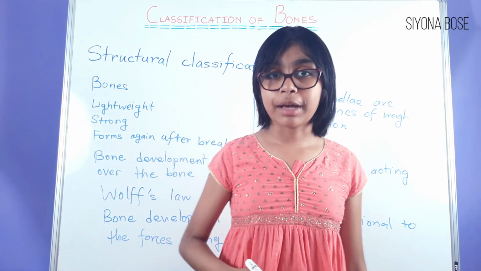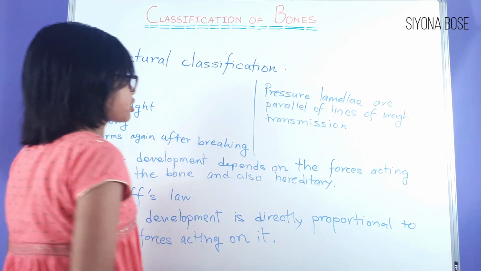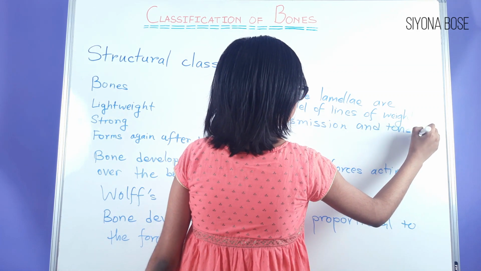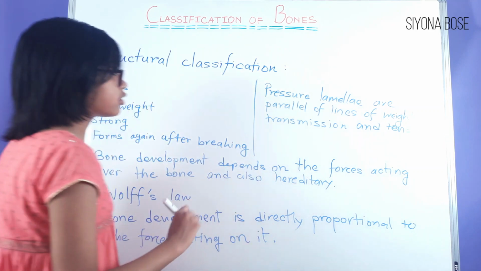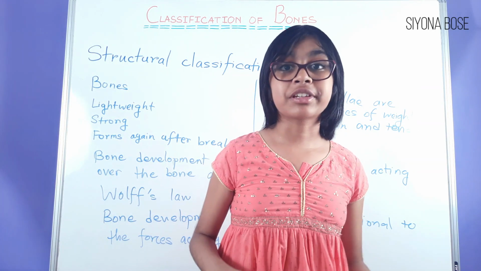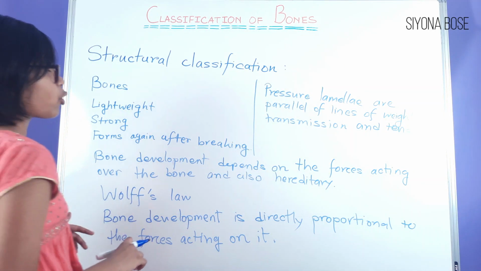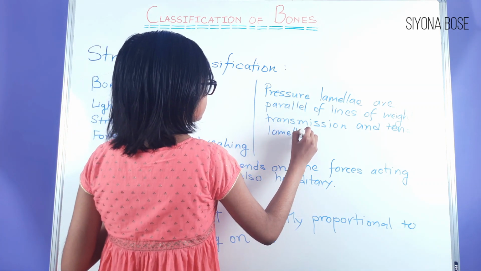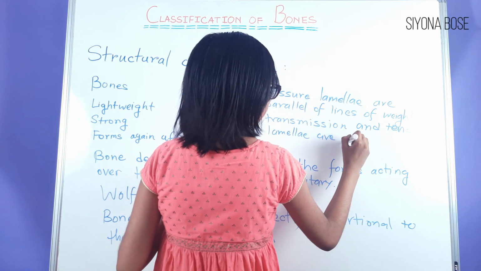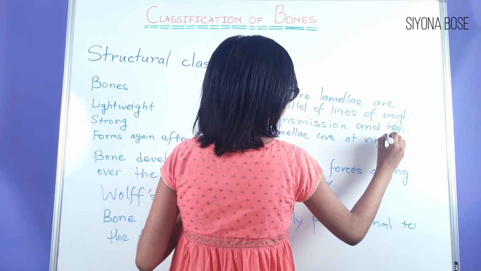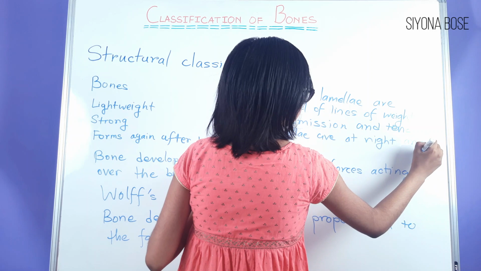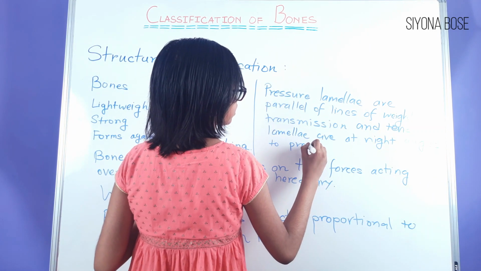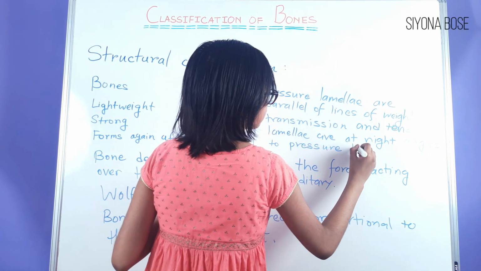And tension lamellae are at right angles to pressure lamellae. These all come from how the bone is treated with force.